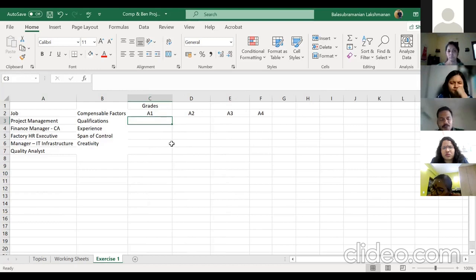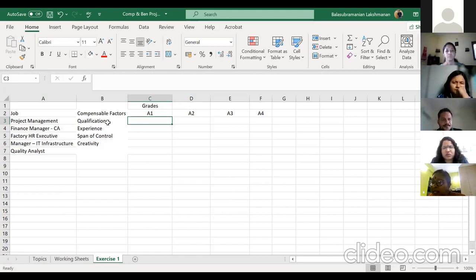Got it? Next, at grade 2, which will be a little higher, you may say that I will need, when a person comes from grade 1 to grade 2, maybe a graduate in engineering or an MBA in HR, things like that.